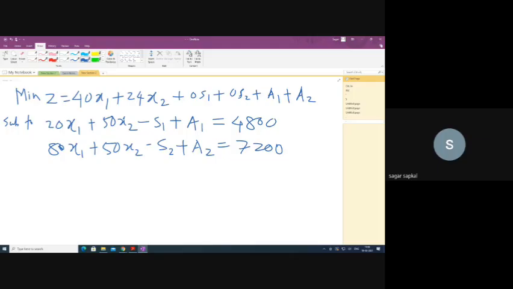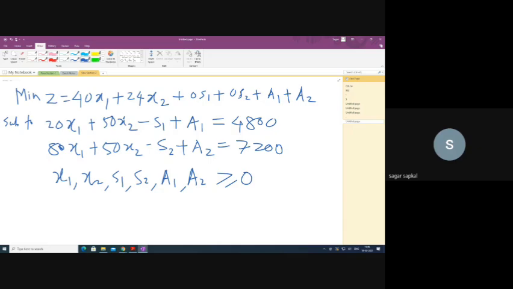But in two-phase method, you consider 1 as the coefficient in the objective function. For minimization it is a plus sign, for maximization it will come with a minus sign. And in the similar manner, x1, x2, s1, s2, a1, a2 are greater than or equal to 0. Is it okay?